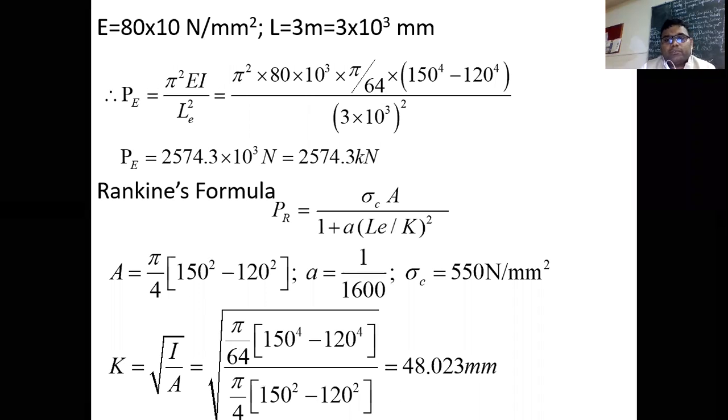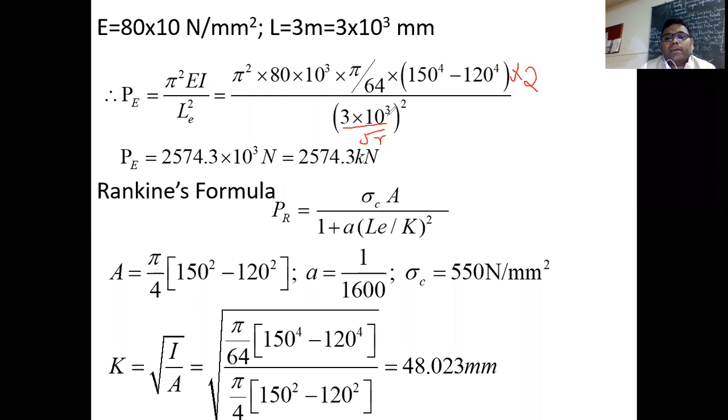So, dear students, we have to multiply by root 2 like this. It must be L upon root 2.